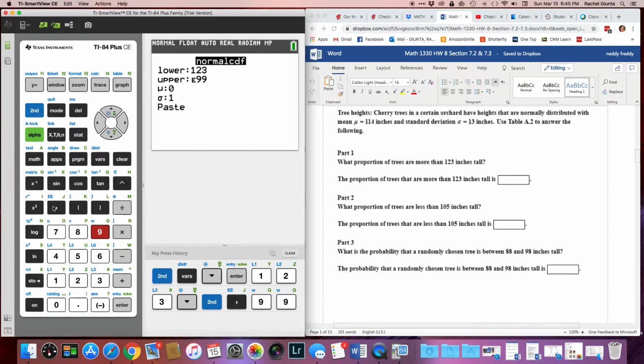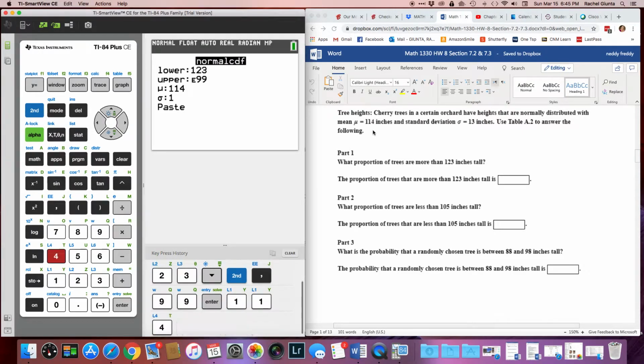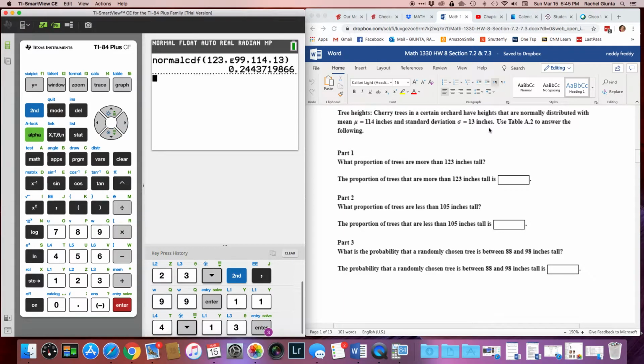So literally we're saying trees between 123 inches and some crazy huge number, one with 99 zeros after it. So now mean is given to us, just plug it in, 114, standard deviation 13, and that's our answer. So that's all we have to do for this type of problem.